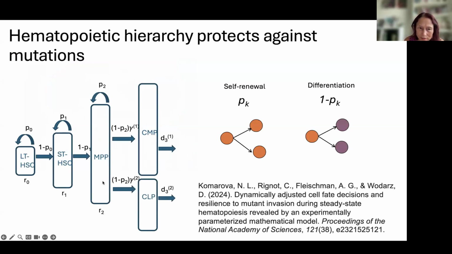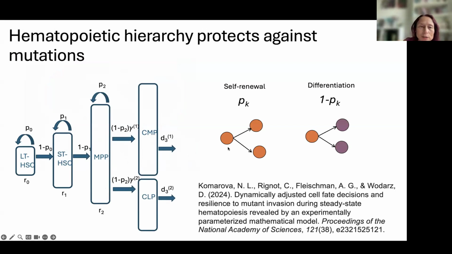Okay, so I drew this differently. And we are going to look at this specific system and use data to parameterize it. So this will be a very specific application of these theories.